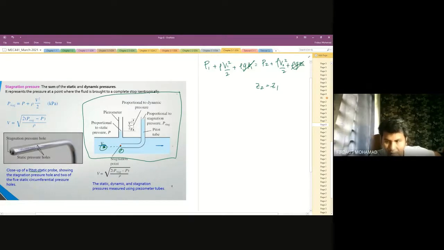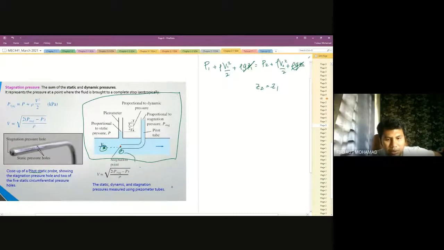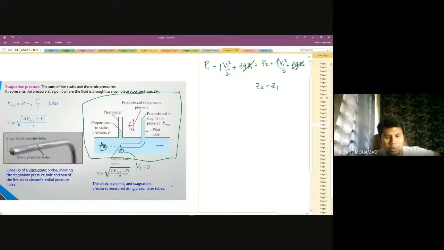Is there any velocity? No, there isn't. Here you can see it just holds, which means at the stagnation point the velocity equals 0. So in order to read the velocity, we can get it based on the piezometer tube or the pitot tube.